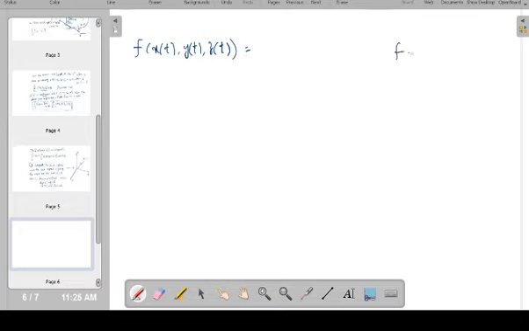F was x minus 3y square plus z. So this is f of x comma y comma z. So this is x of t minus 3 times y of t square plus z of t.